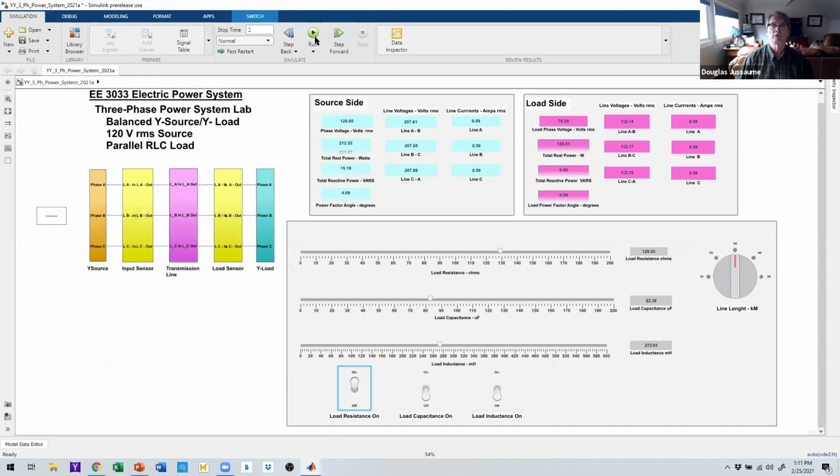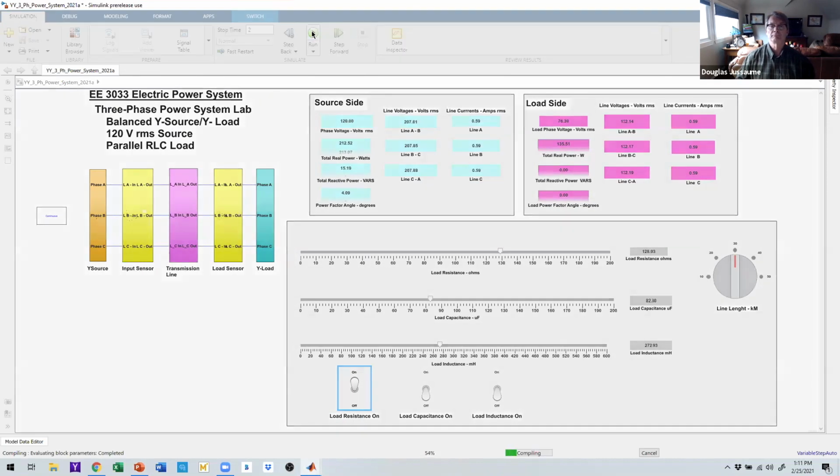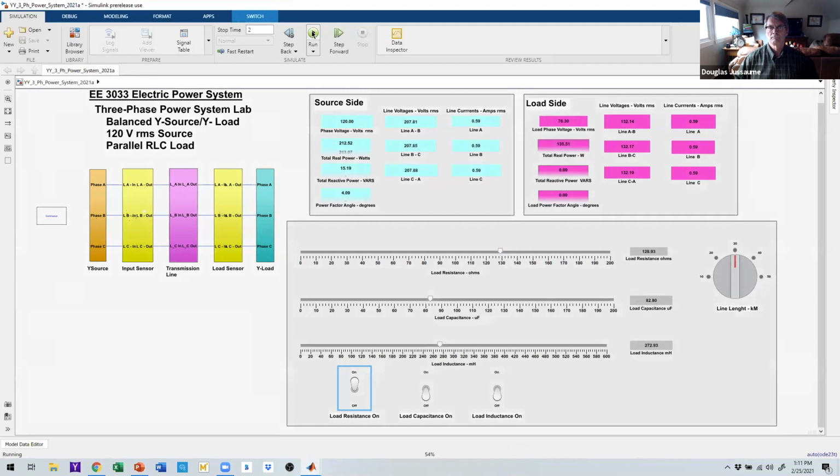So we can run the current parameters. This goes through a compiling, then pops out the numbers for that particular one. And I can turn on and off the load resistors in the parallel load. I can turn on and off the load capacitors or load inductors.